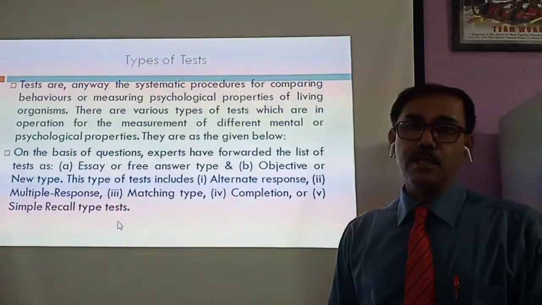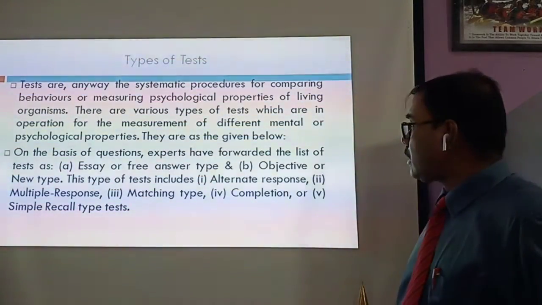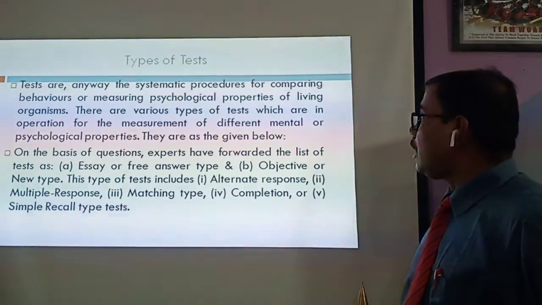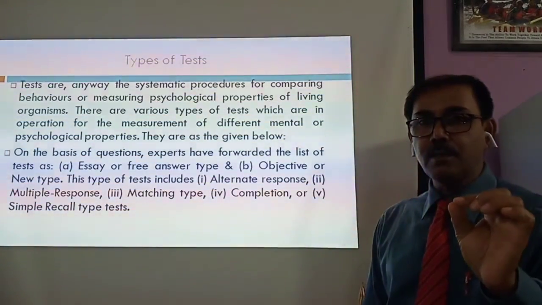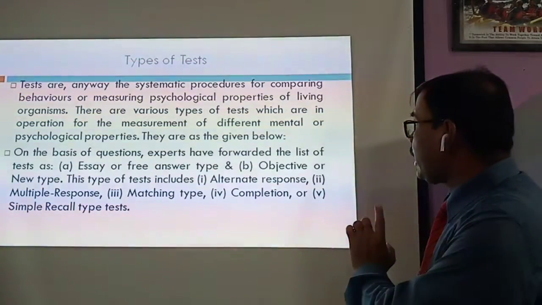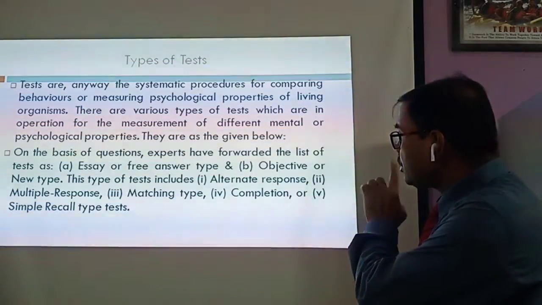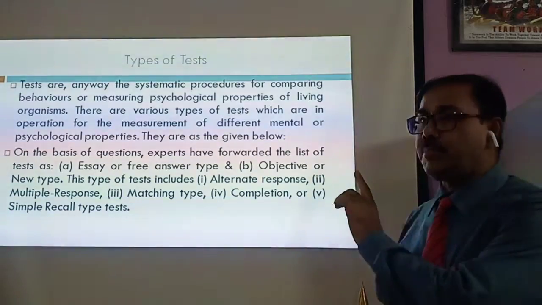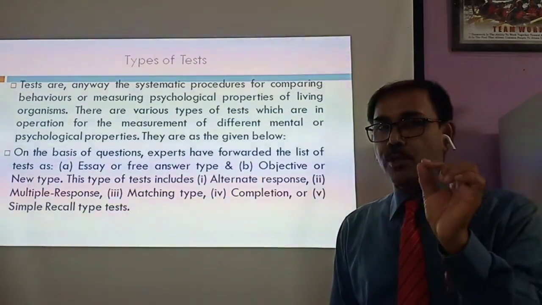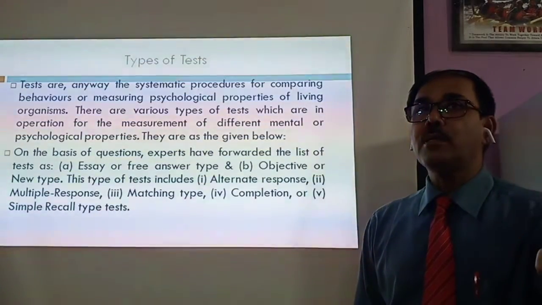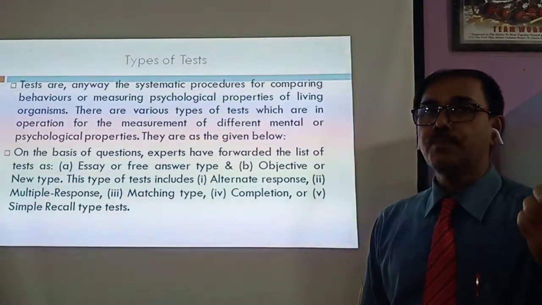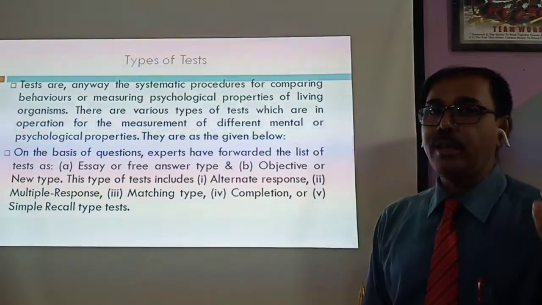So these are the special test types and we are to study them in detail so that we can understand the concept as well as the usability in different situations in different fields of research.